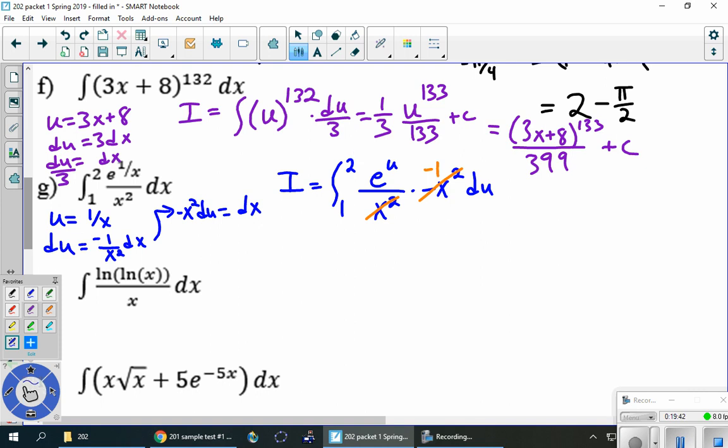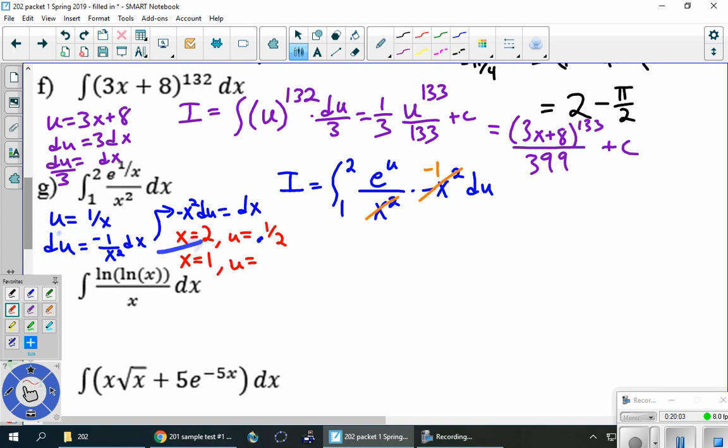So all we need to do is figure out if x is equal to 1, how much is u, and if x is equal to 2, how much is u? We're just going to go to our definition right here. u is 1 over x. So when x is 2, u is just 1 over 2.